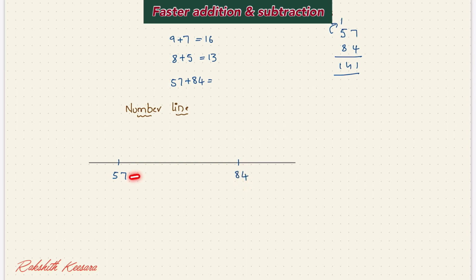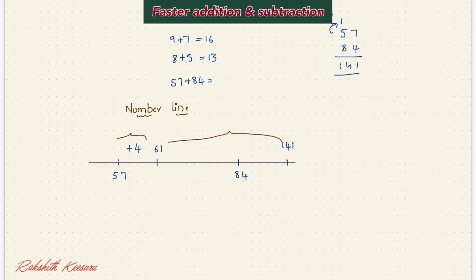That is 57 plus 4, which gives 61. So first we need to get through 61. After getting 61, we should add 80, which is 141. So this will be the first step and this will be the next step.